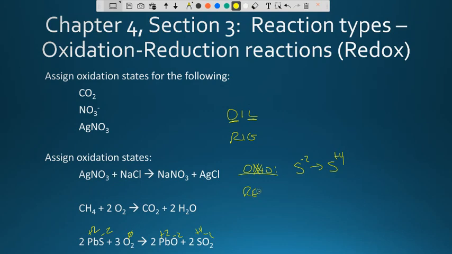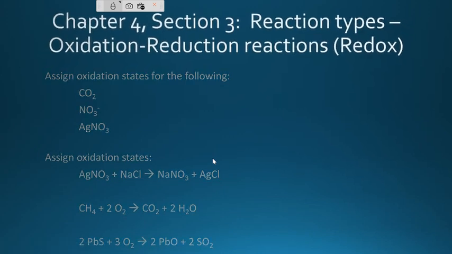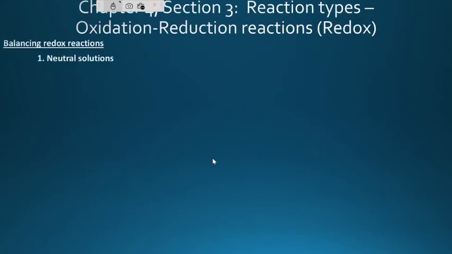My reduction then, once again, is my oxygen, when it was a gas, went from a 0 to a -2 because it's gaining those electrons. Okay, now we know the skill of just assigning those oxidation states, and we definitely know what agent was oxidized and what was reduced.